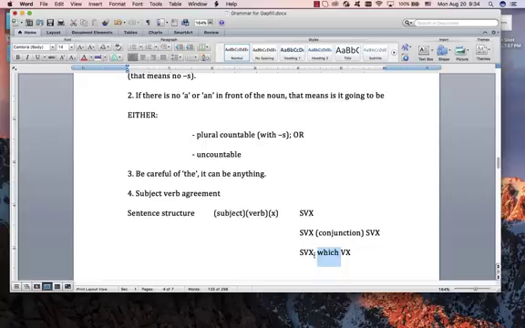Then this which is talking about whatever is in X. And there's usually not a subject over there. It's possible that there is sometimes, but for our purposes today, we don't need a subject over there. So this verb is talking about whatever is over there.